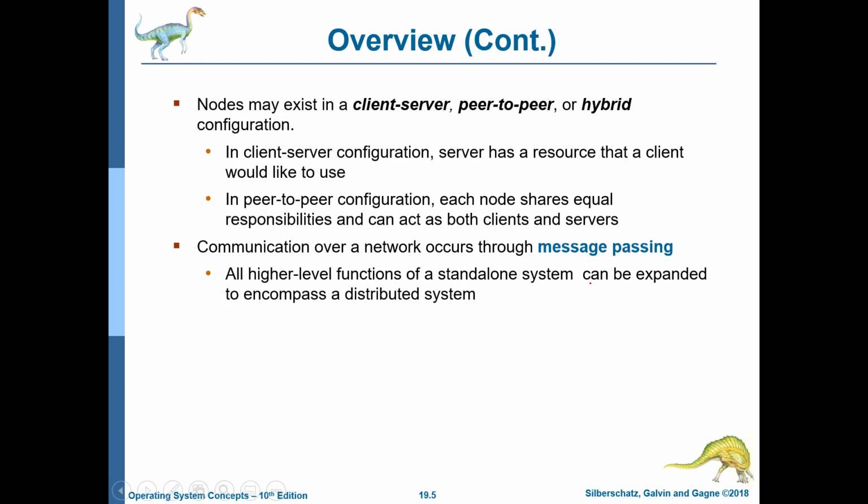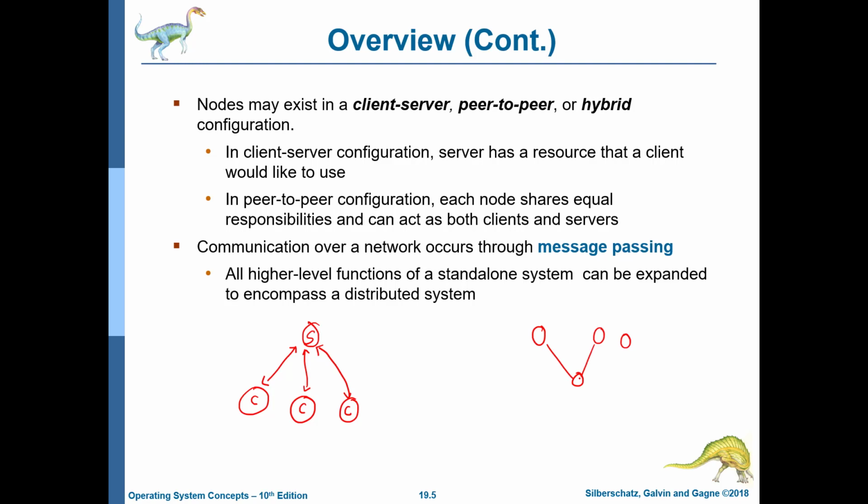So nodes may exist in many different configurations. What we have seen in the previous slide is a client server configuration where we have a single server and we have many clients. So the server and clients clearly have different responsibilities, in the sense that the server is in some sense special. We have also looked at peer-to-peer systems where we have simple nodes which are just connected.